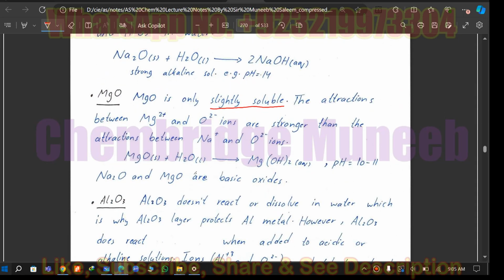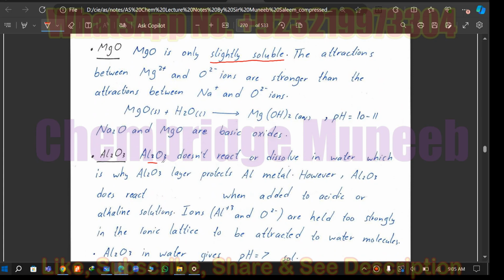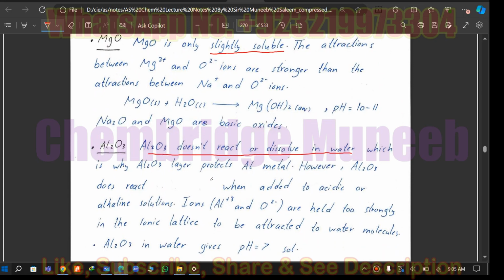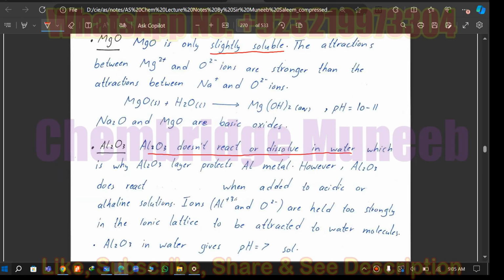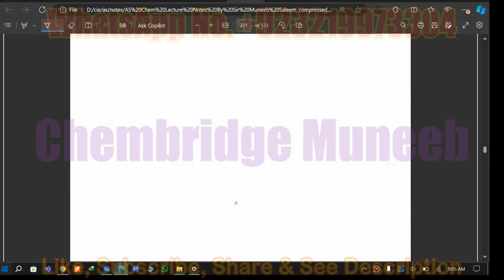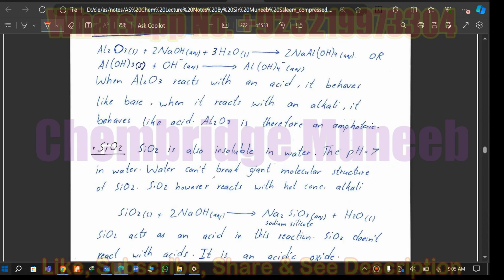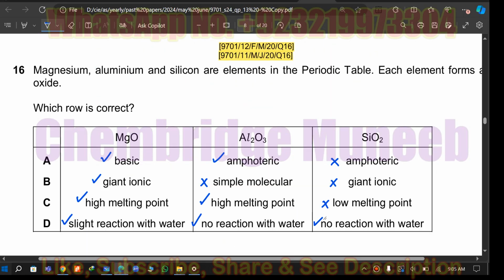And then if we go to aluminum oxide, it says that it does not react or dissolve in water. So we can also tick this option, no reaction with water. And for silicon oxide, if I move downward, I can see that it is also insoluble in water. So yes, we can also put a tick.